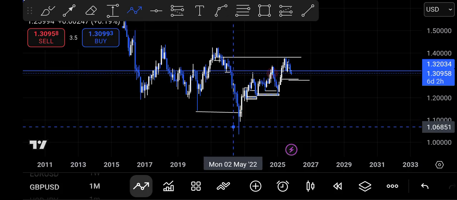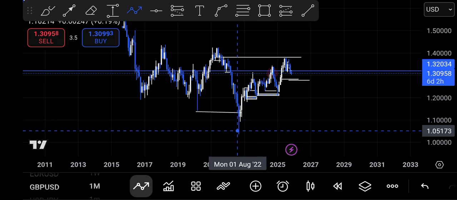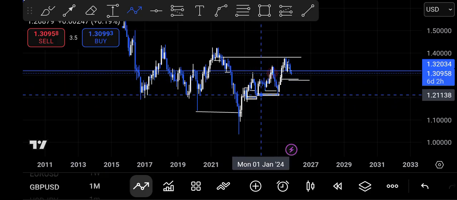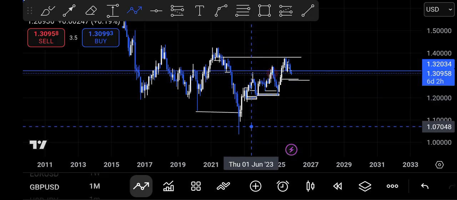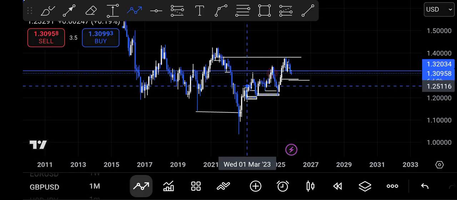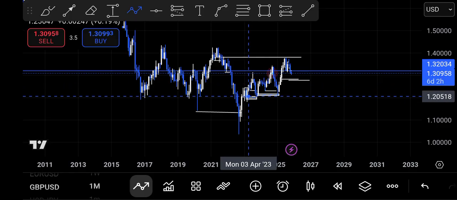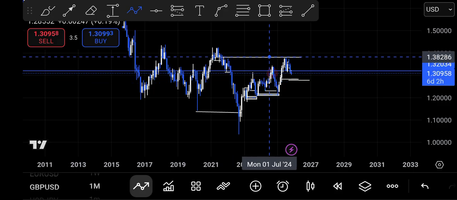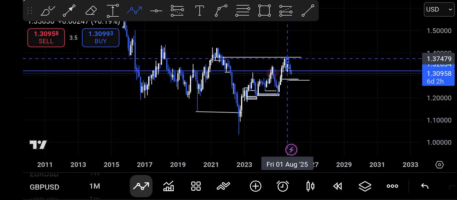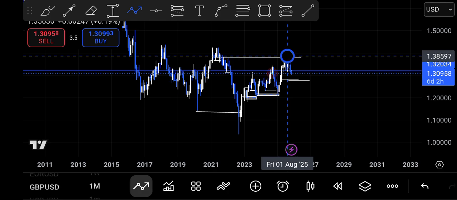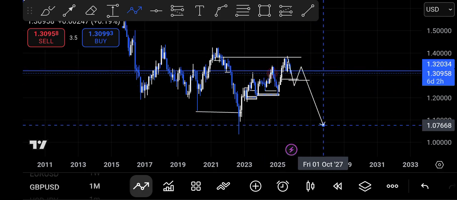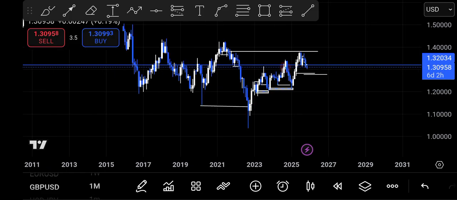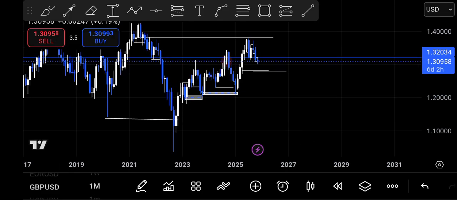Now that price broke this structure and started shifting upside, it's creating another mini lower high or mini bullish order flow somewhere around here, until it gets to its POI, and that's when price is going to break another structure to the downside.